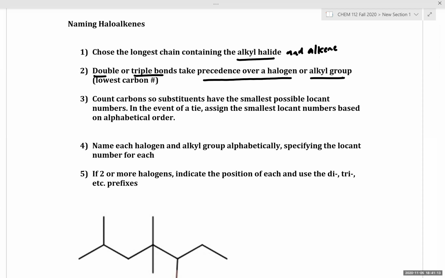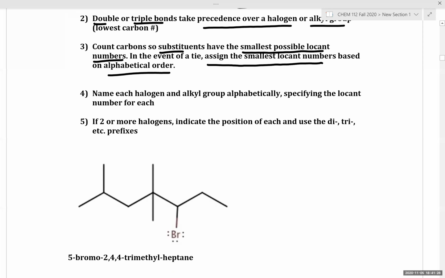You're going to count carbons so your substituents have the smallest possible locant numbers. In the event of a tie, you're going to assign the smallest locant numbers based on alphabetical order. So you're going to name each halogen and alkyl group alphabetically, specifying the locant number for each. Okay?